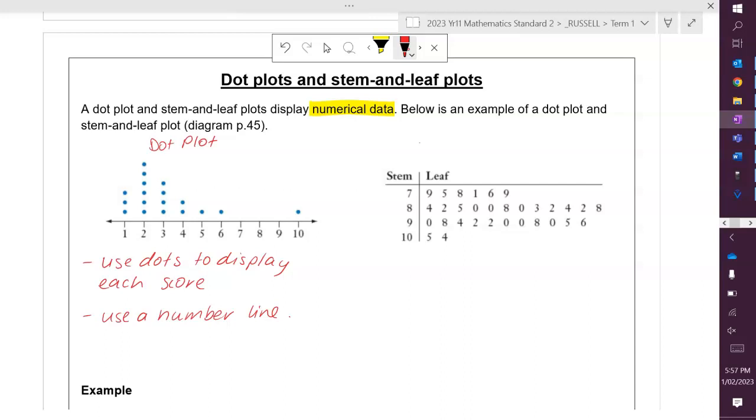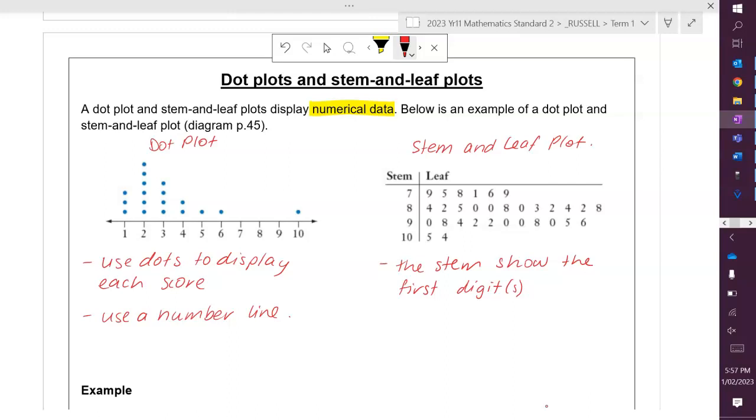On the right is our stem and leaf plot. Now, some points for this one: the stem shows the first digit or digits, depending on what the number is. If it's just in our tens, it's going to be a single digit.